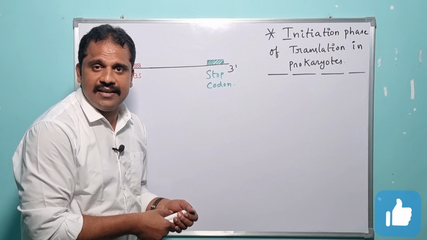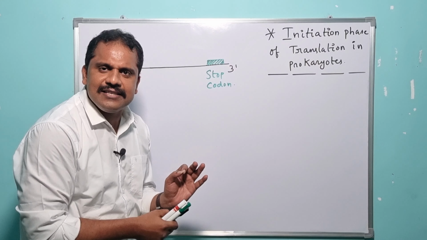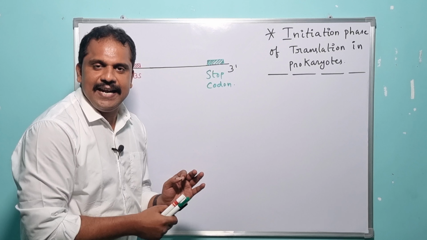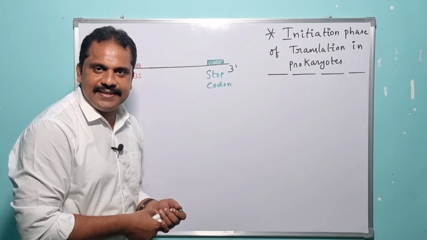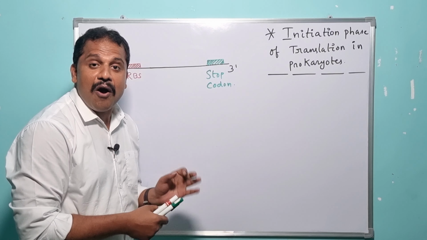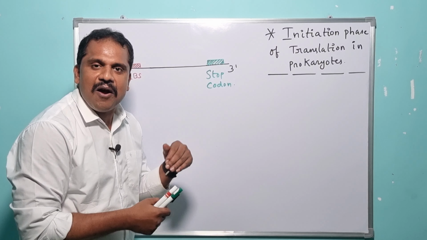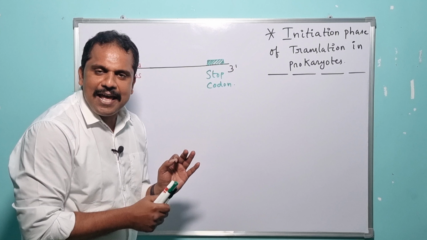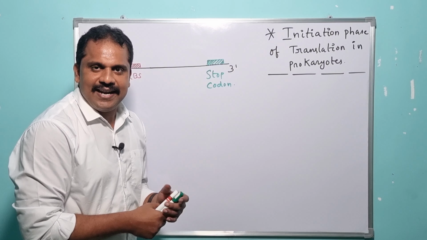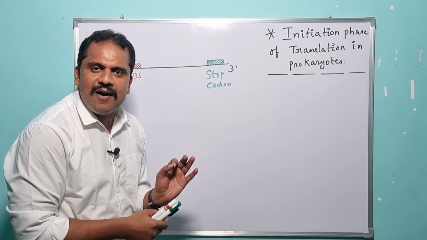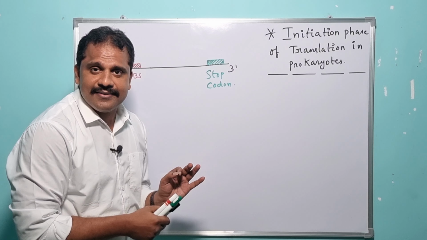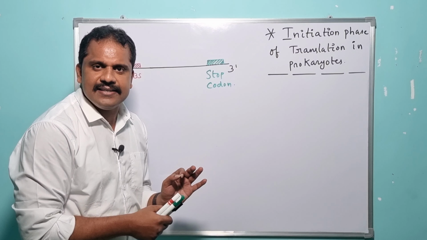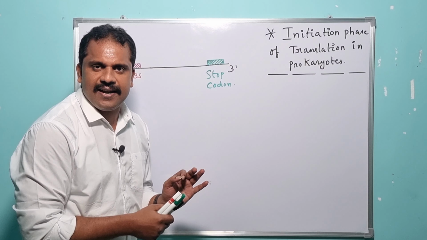Now here my question is, how is the small subunit of the ribosome ready to recognize the ribosomal binding site? In order to recognize the ribosomal binding site or Shine-Dalgarno sequence, the small subunit of the prokaryotic ribosome takes advantage of a specialized RNA sequence known as 16S rRNA.